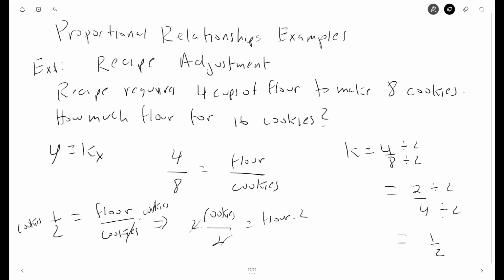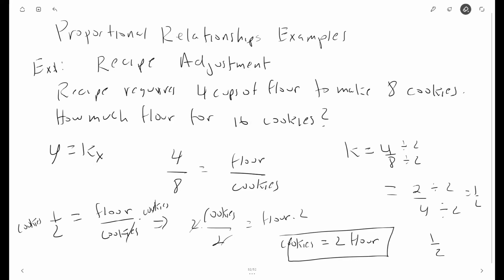So these 2s cancel, and we're left with cookies equals 2 times flour. So this will be our equation that we need, where k is equal to 1/2. Okay, let's go to the next page.